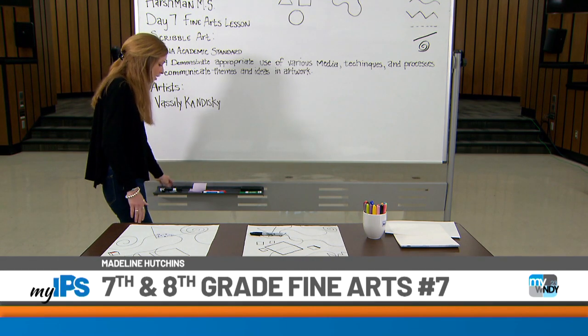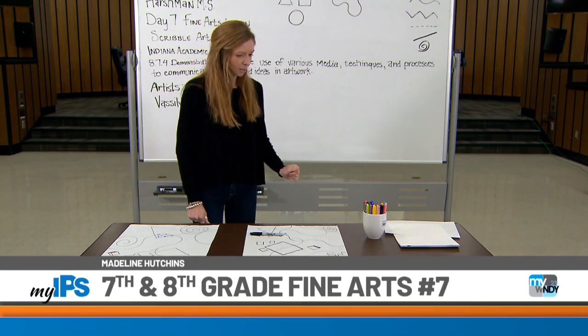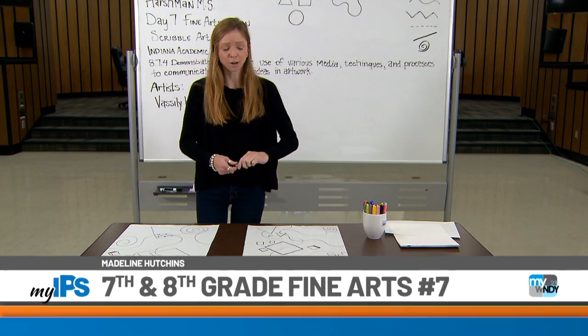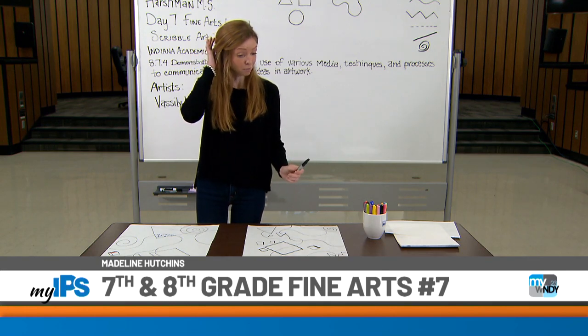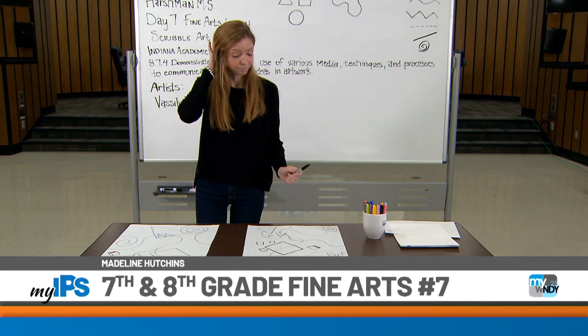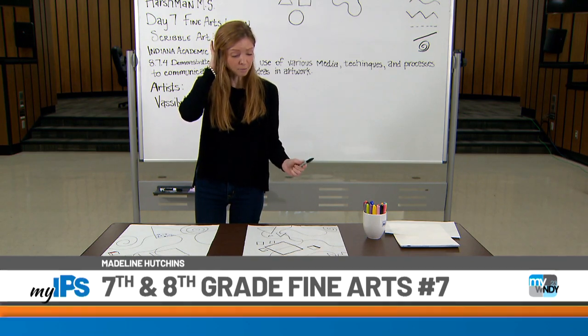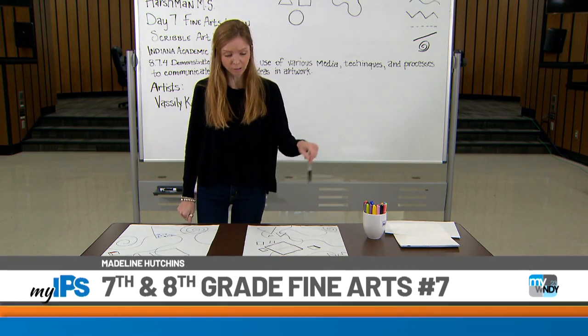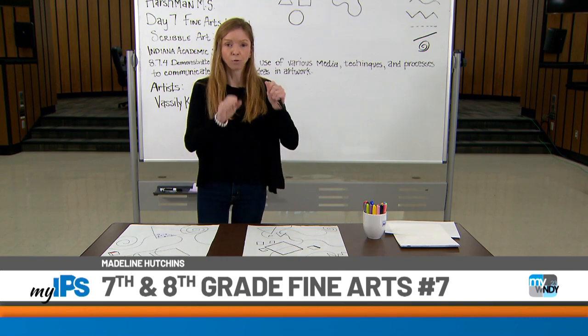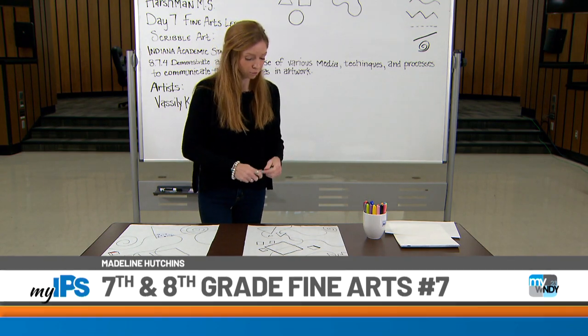We all know Pablo Picasso. I'm sure there's a lot of different abstract artists you could look up if you just type in abstract artists. Let me think. Alma Thomas is a good one, but she didn't do a lot of overlapping. She just did more color block shapes, but she would be a good one to look up as well.